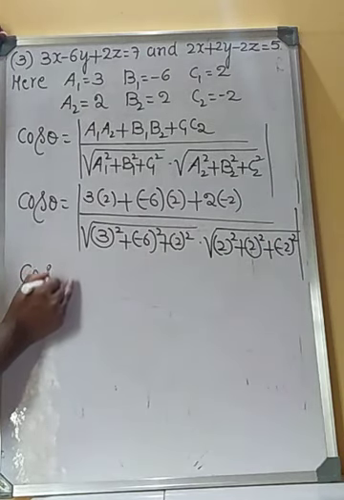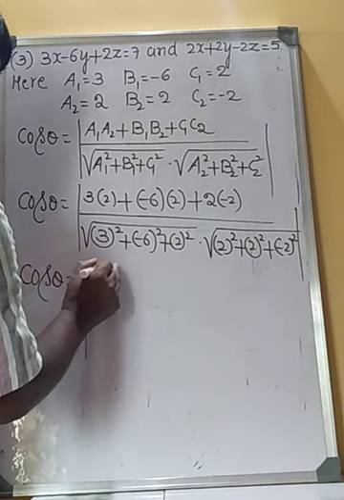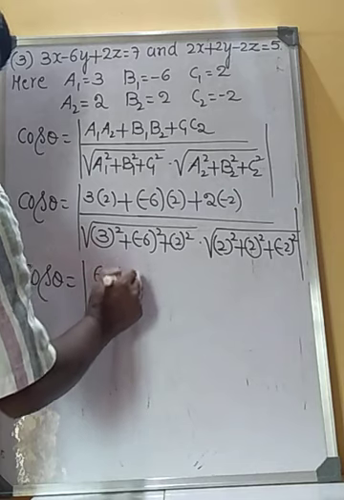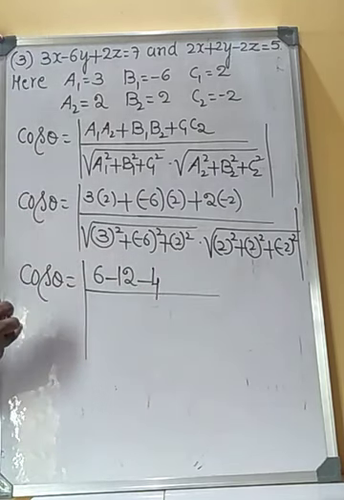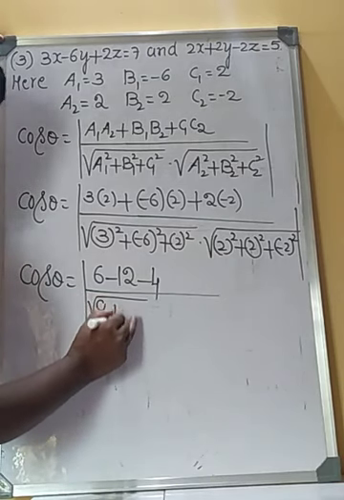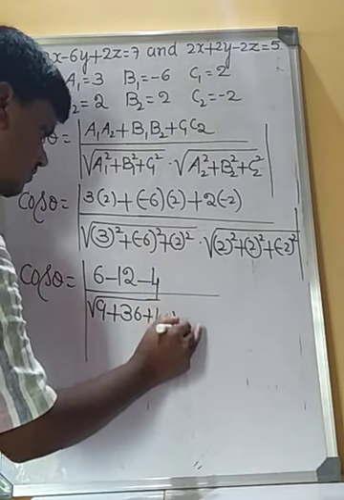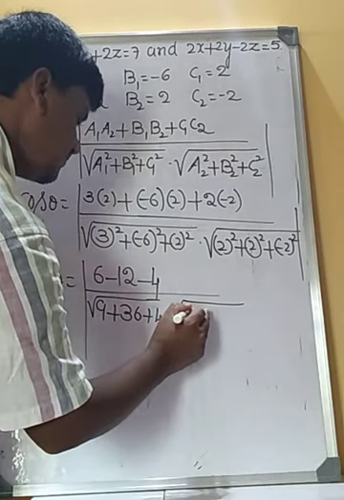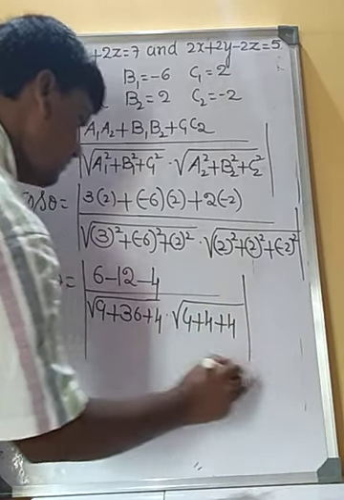Therefore, cos theta is equal to magnitude of 6 minus 12 minus 4 dividing by square root of 9 plus 36 plus 4 into root of 4 plus 4 plus 4.